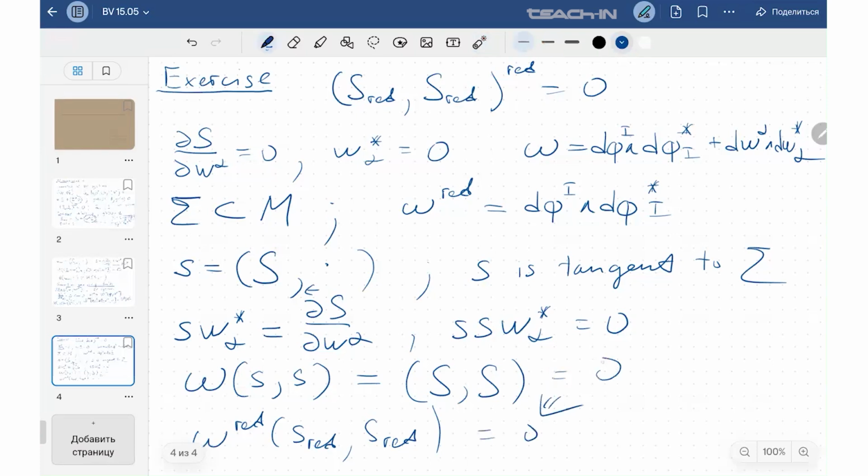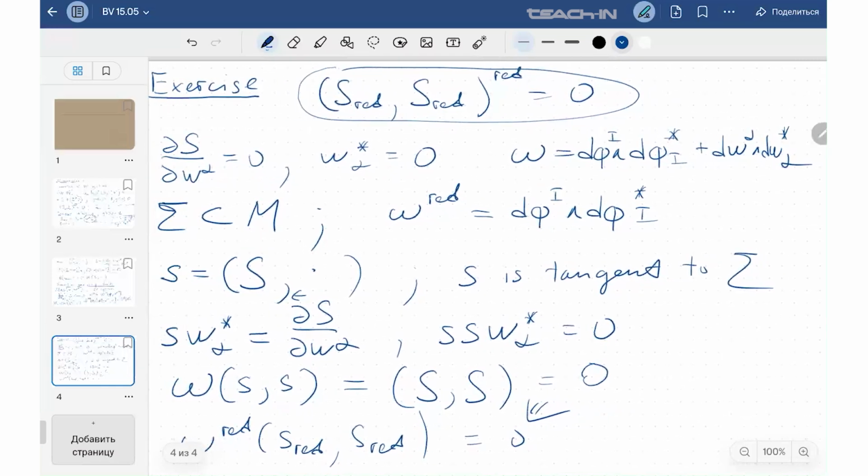So it's a simple geometrical proof of the master equation satisfied by the reduced master action.